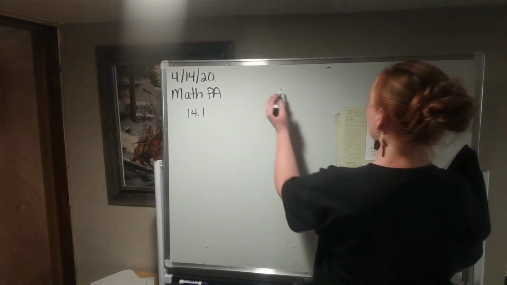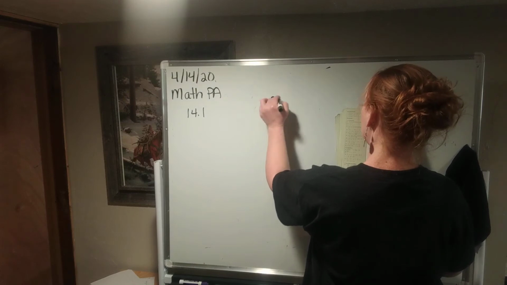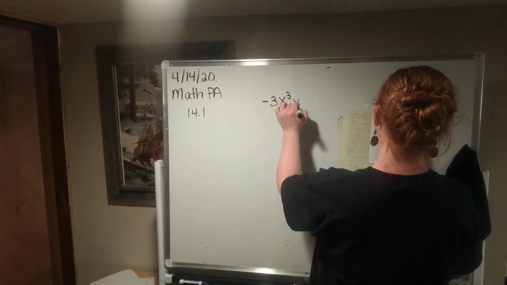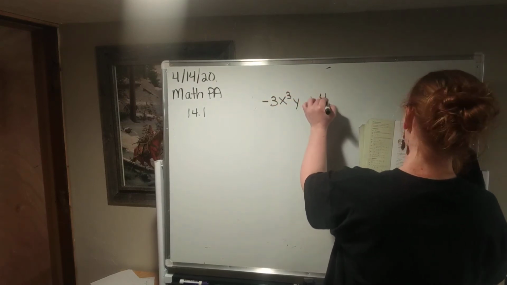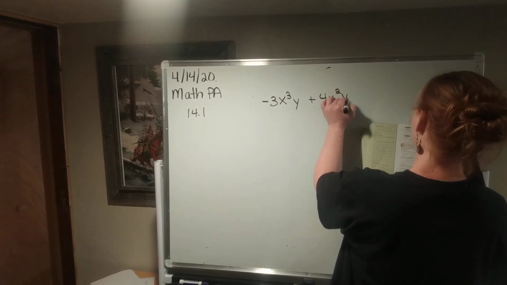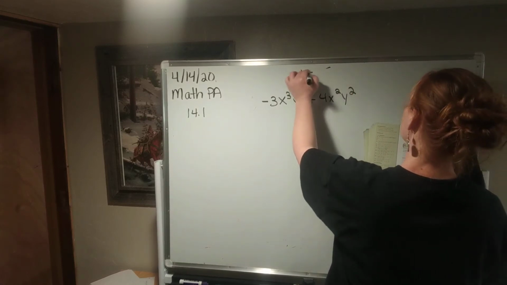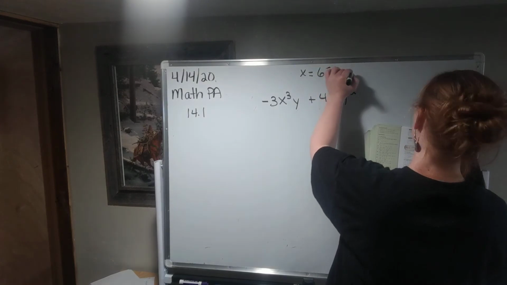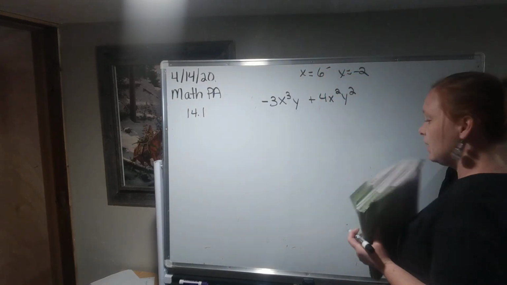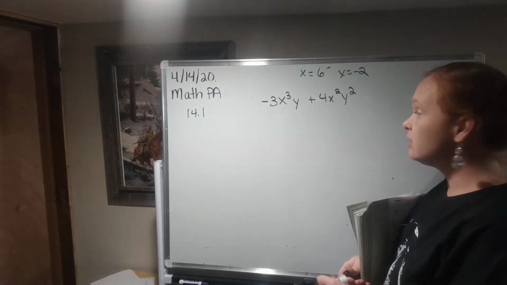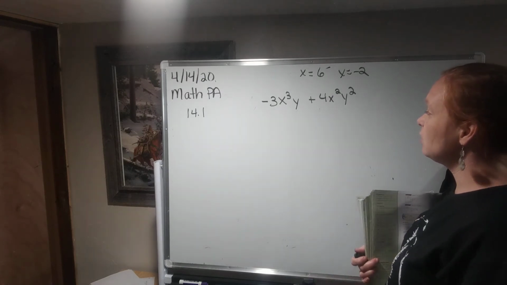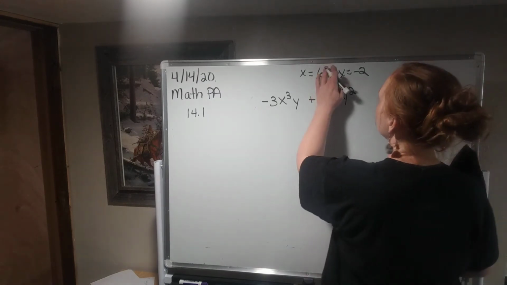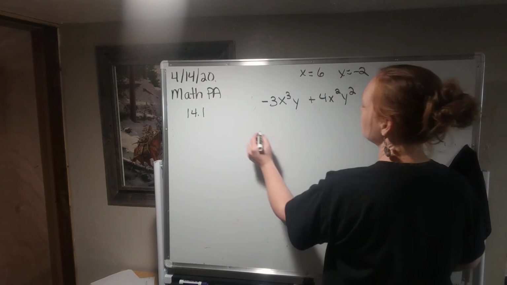Example 2, negative 3x cubed y plus 4x squared y squared when x equals 6 and y equals negative 2. If you want to pause it and work it and then let me work it to check your work, that's fine too. So I'm going to take my 6 and my negative 2 and plug it in.